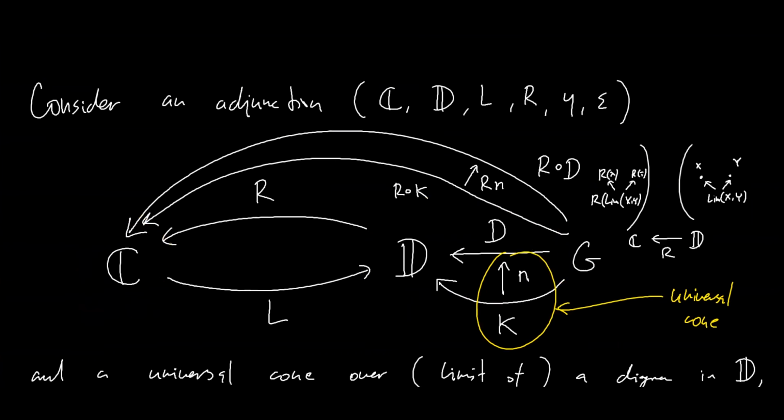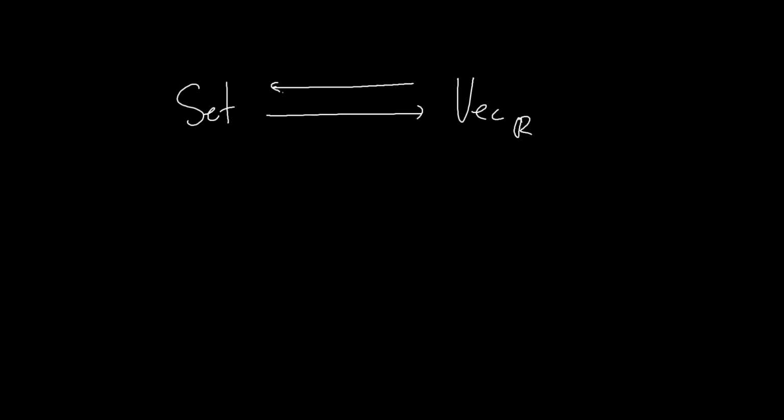And an example of that is again our situation of vector spaces. So let's consider these two categories, vector spaces and the category of sets, where we already constructed an adjunction mapping a vector space V to itself seen as a set.